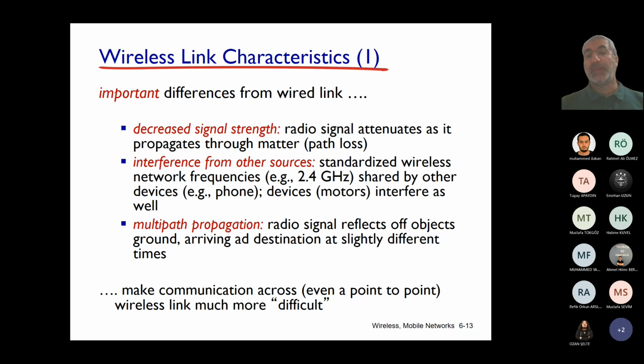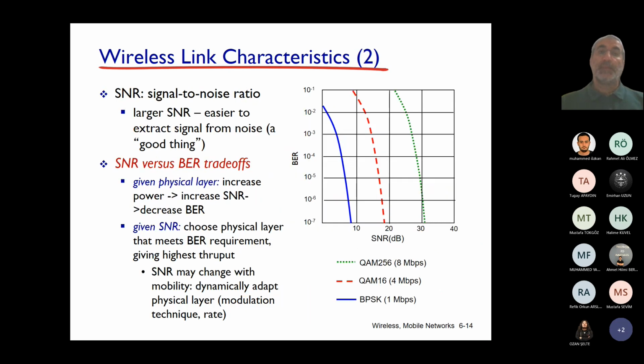So this multipath propagation can be considered as a disadvantage or advantage. But if it's a disadvantage, we need to take care of that. One of the important performance parameters in a wireless link is called SNR, which stands for signal to noise ratio.